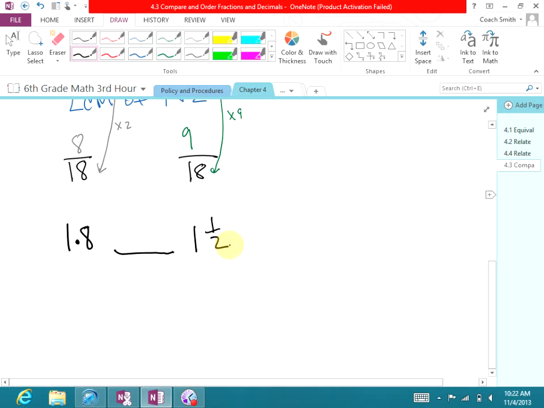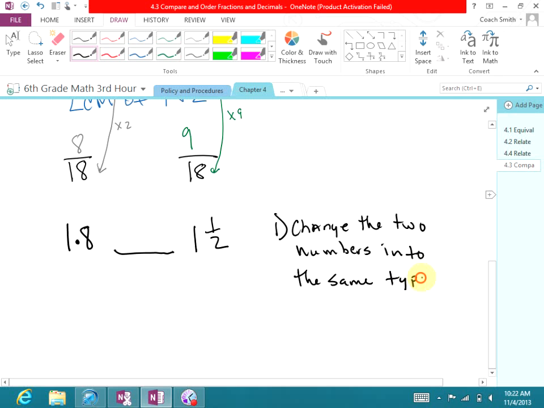So when we're comparing a decimal and a fraction, the first step becomes change the two numbers into the same type.